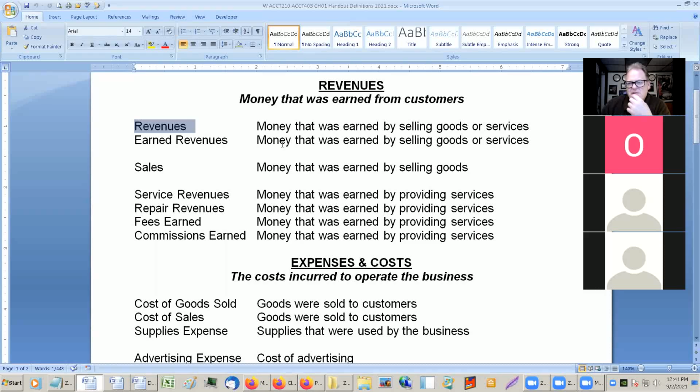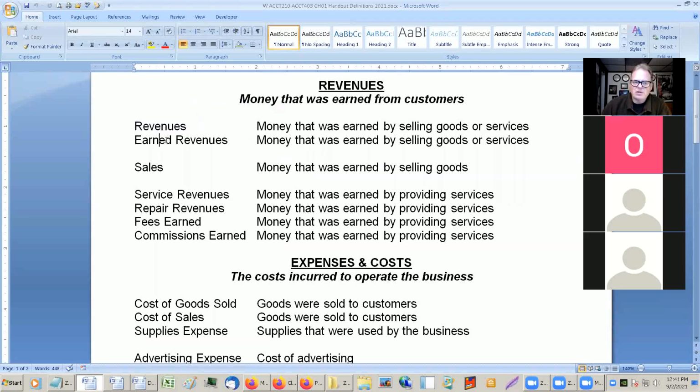Probably about half the companies use the term just revenues. Money coming in. What do we earn from our customers? If we're selling hamburgers, how much do we make? What money came in from the hamburgers? If you're selling cars, what money came in from selling the cars? It's just money coming in.